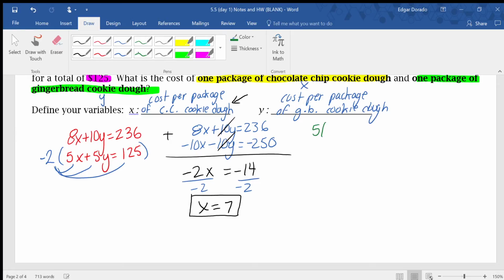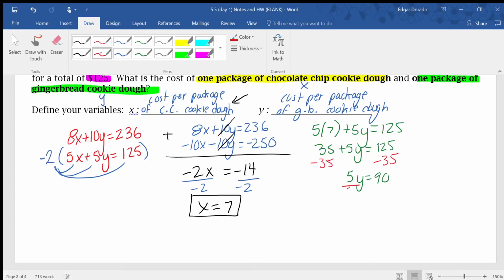I'm going to do 5 times 7 plus 5 times y equals 125. So this is 35 plus 5y equals 125. Subtract 35, get 5y equals 90.